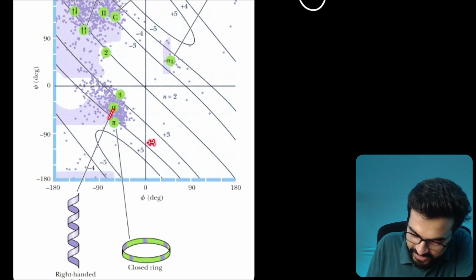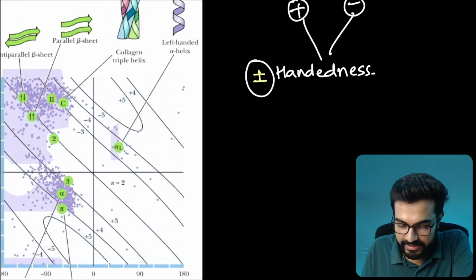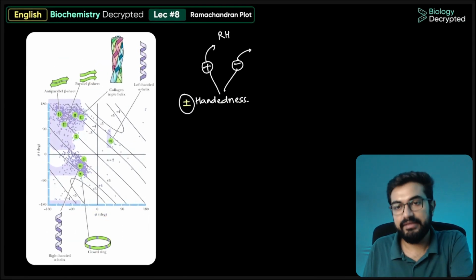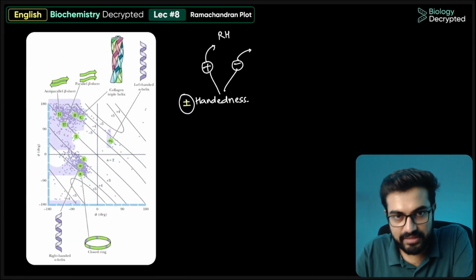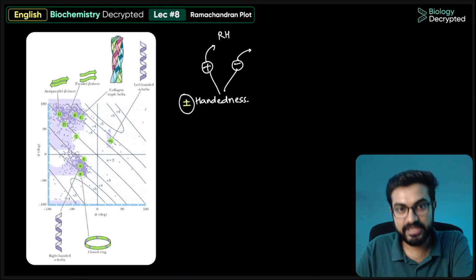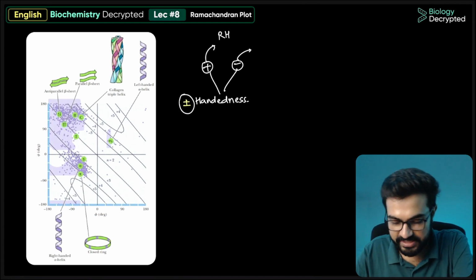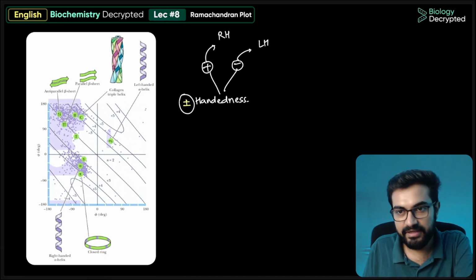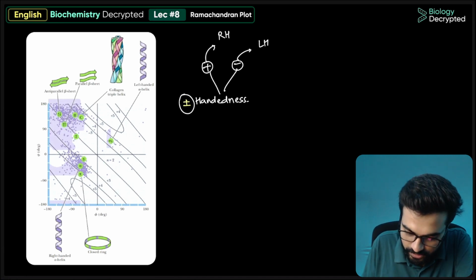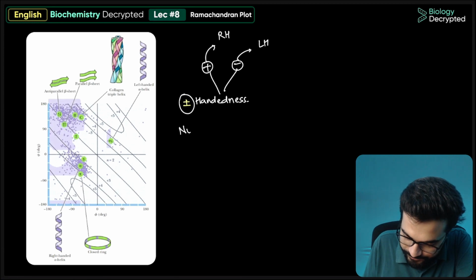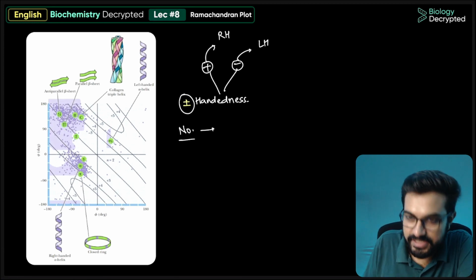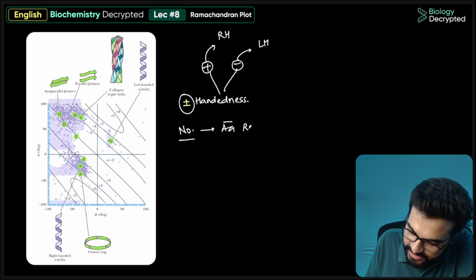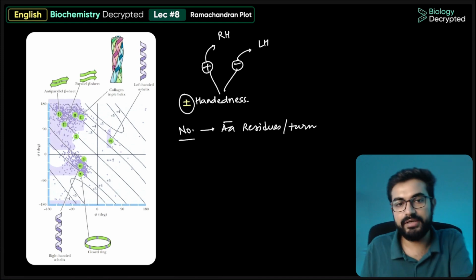Here you have +4. So this signifies approximately that many amino acid residues per turn, and also this plus and minus signifies the handedness, right-handed and left-handed respectively. So the number signifies amino acid residues present per turn.